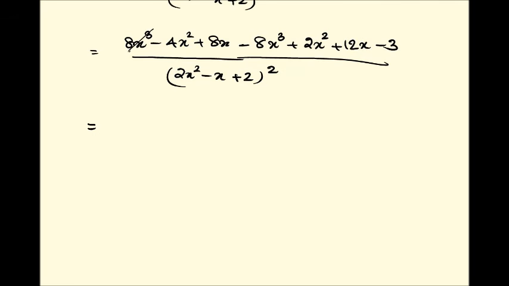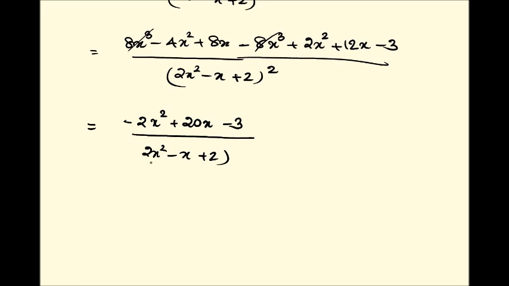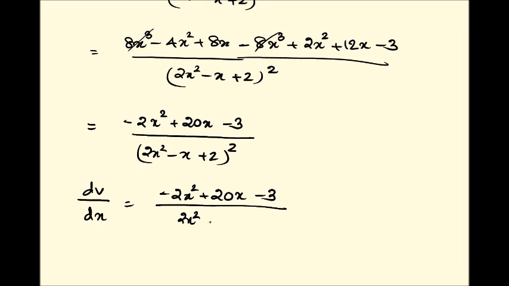That's equal to, here these two cancel, that is minus 2x square plus 20x minus 3 the whole divided by 2x square minus x plus 2 the whole square. That is, we get dv by dx is equal to minus 2x square plus 20x minus 3 the whole divided by 2x square minus x plus 2 the whole square.